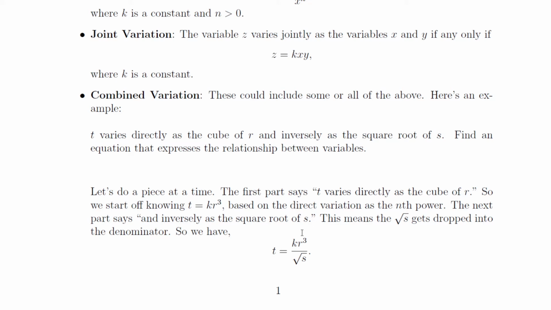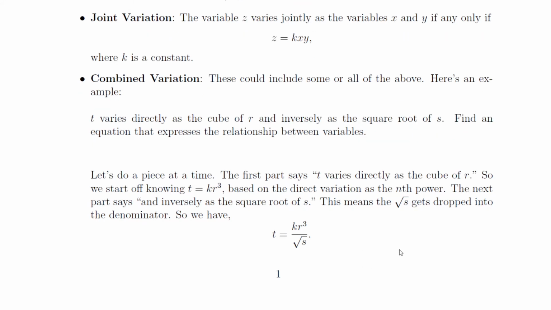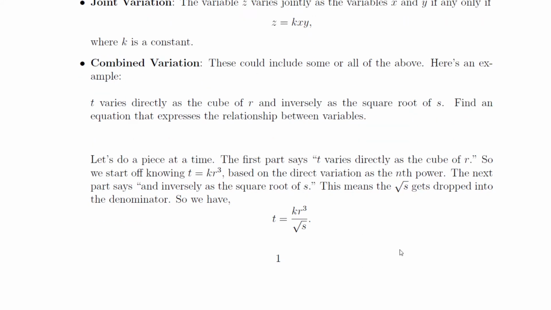So we do our k, and then the cube of r means r to the third. T equals k times r to the third. So that's the direct variation. Remember, it says it varies directly as the cube. The next part says, and inversely with the square root of s. So the square root of s is going to be in the denominator, and that's pretty much what we have.